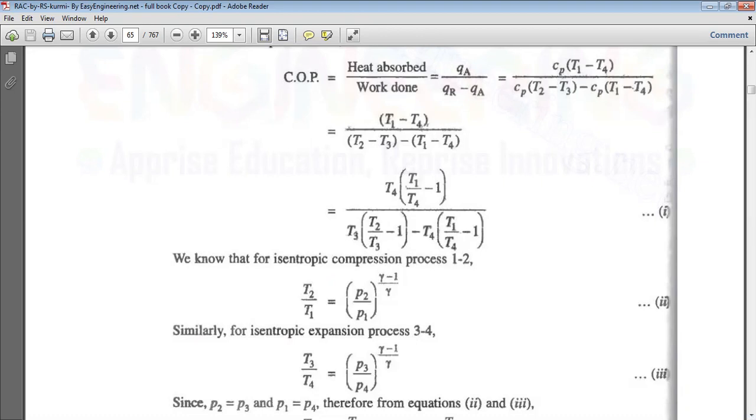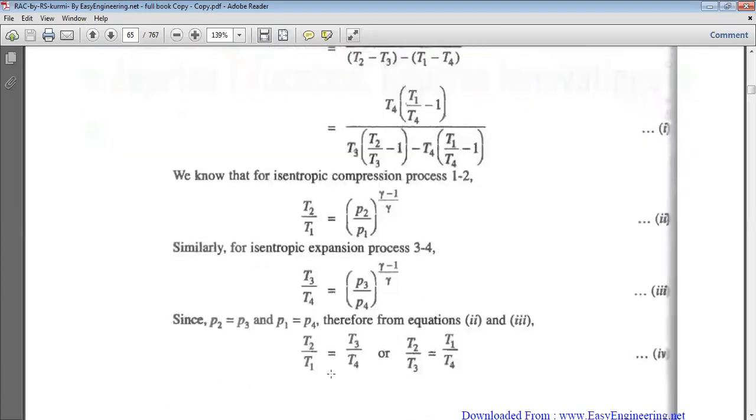But we know that P2 is equal to P3, and P4 is equal to P1. If I substitute P3 equal to P2 and P4 equal to P1, I get (P2 by P1) to the power of gamma minus 1 by gamma. Therefore, right hand sides are the same, so the left hand sides are also equal. Therefore, T2 by T1 is equal to T3 by T4.